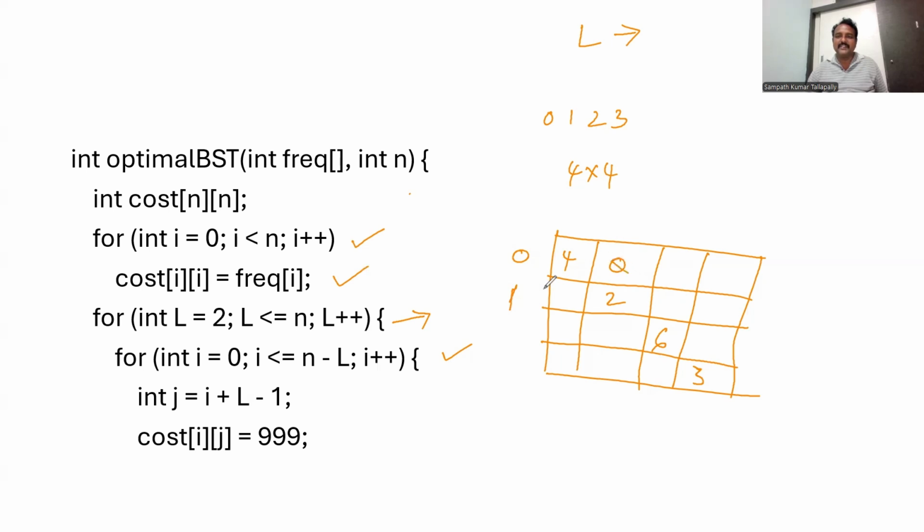After calculating this item, we need to calculate this item, and then we are going to calculate this item. So we are going to have this I for the values of 0, 1, 2 in this example. So we are going to calculate this element, then this element, and then this element. So this I is going to calculate the row value.